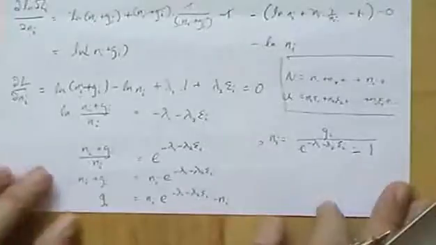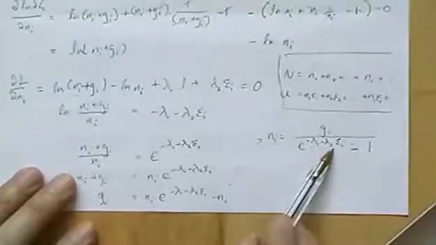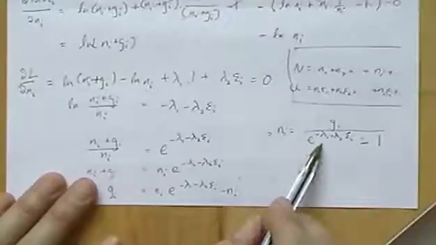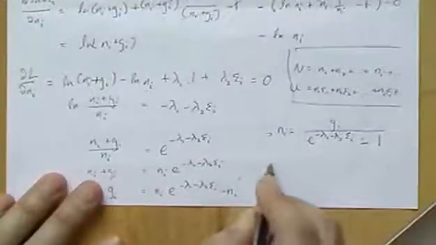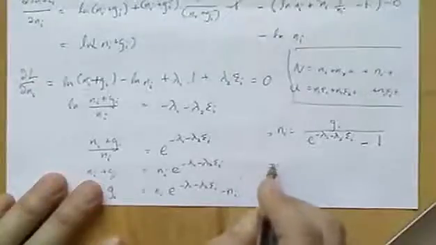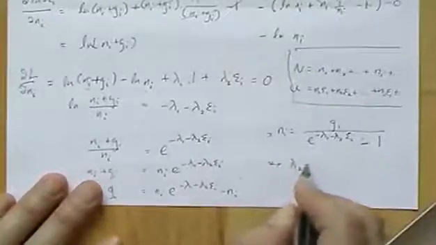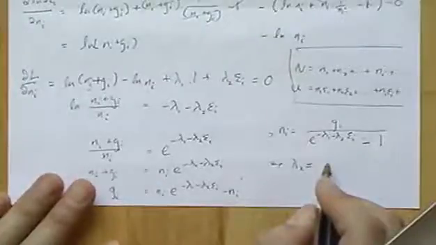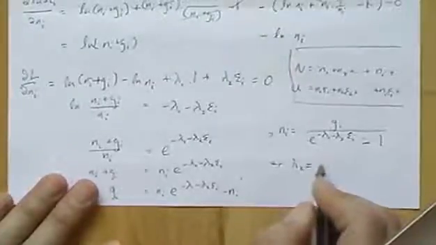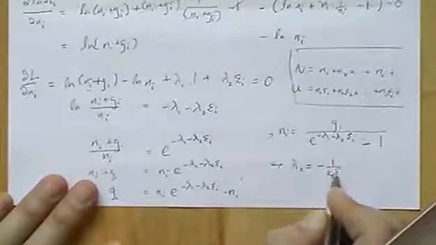Well, not exactly yet, because we still have lambda 1 and lambda 2, which are unknowns to think about. But we know how to deal with those. We know from earlier results, for the Boltzmann distribution, that lambda 2 is minus 1 over kBT.